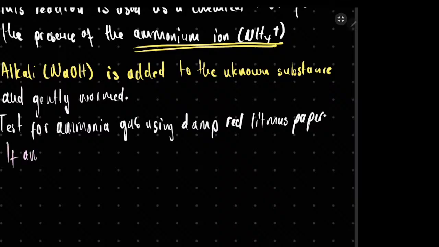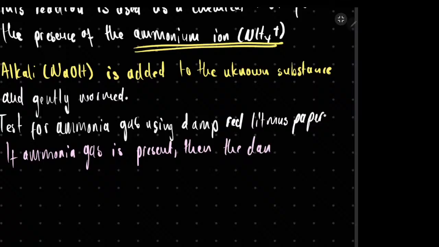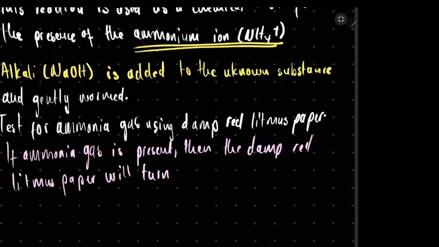If ammonia gas is present, then the damp red litmus paper will turn blue.